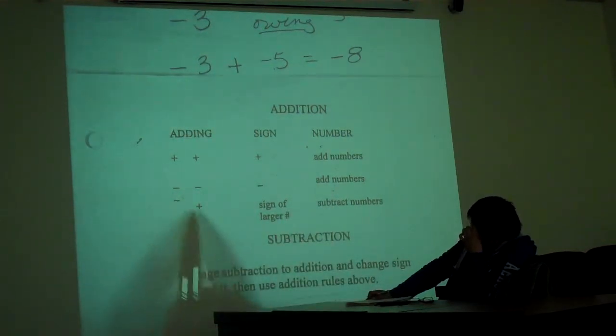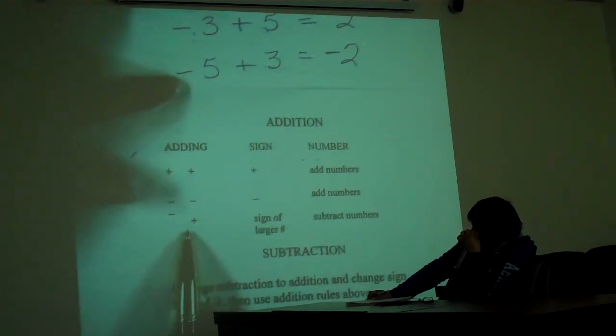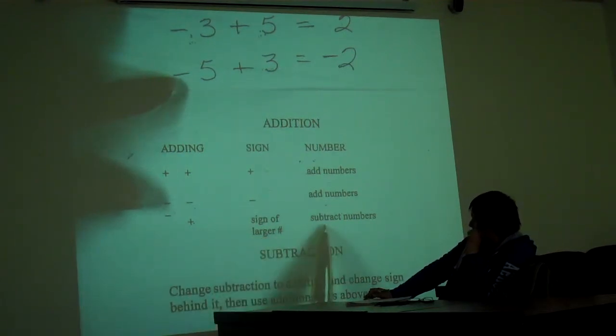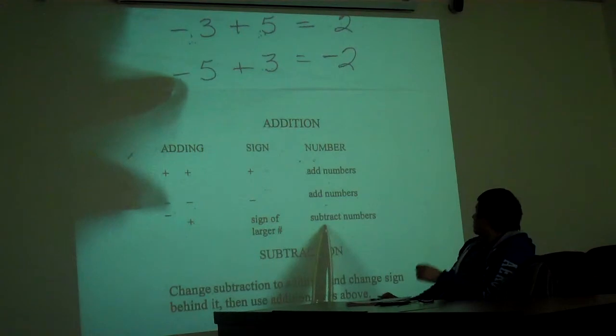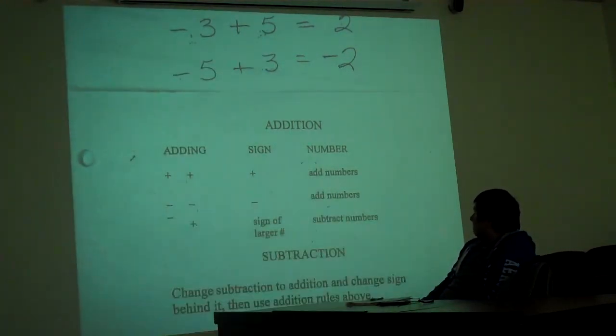If you have a negative and a positive, the answer will have the sign of the larger number, and then you subtract the numbers. So that's how you read this top part right here.